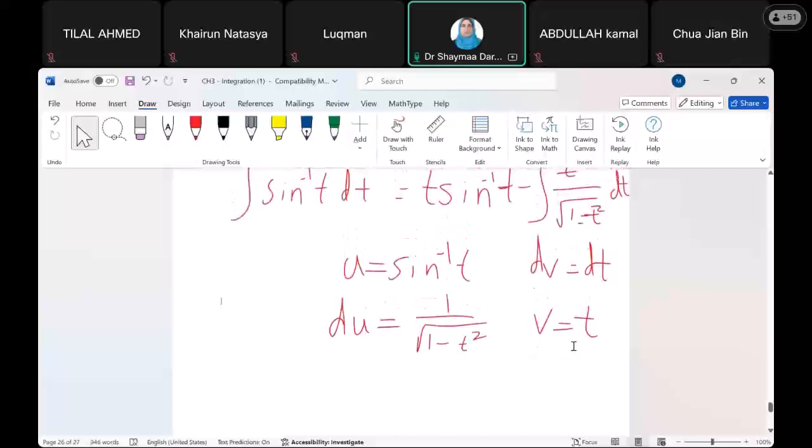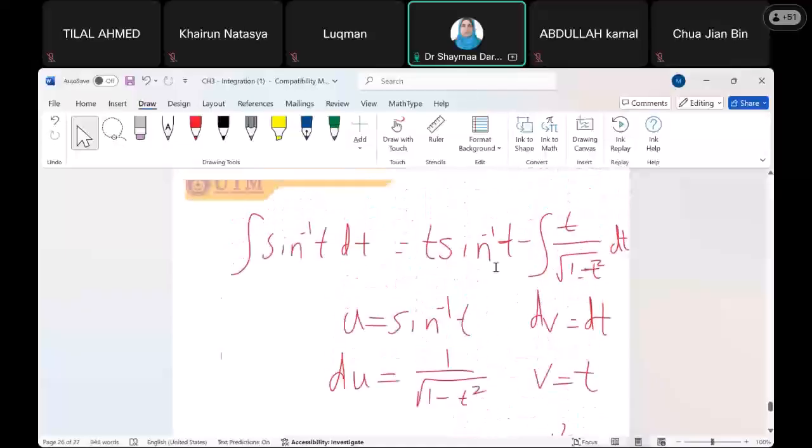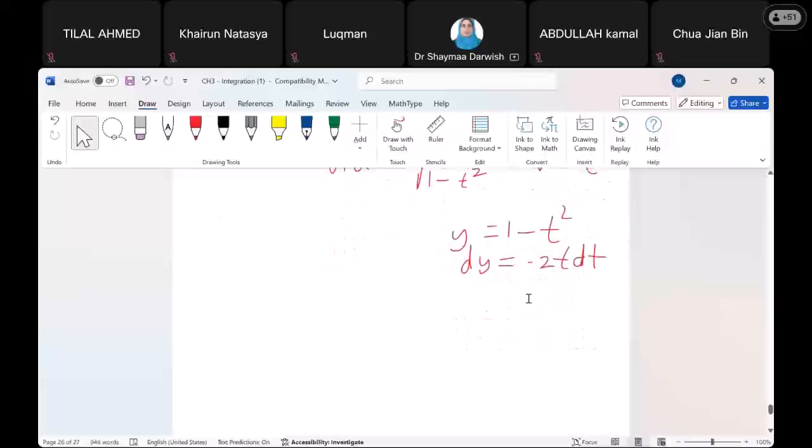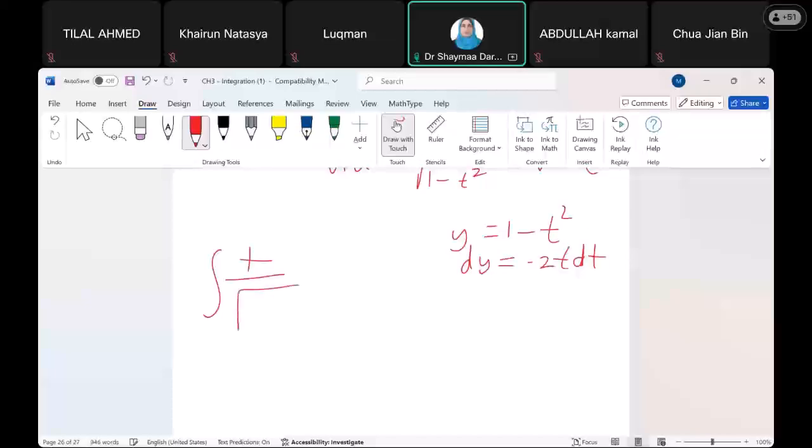Make y, for example, equal to 1 minus t squared, then dy equals minus 2t dt. So you have to replace the integration here. You need to evaluate this integration of t over square root of 1 minus t squared dt.